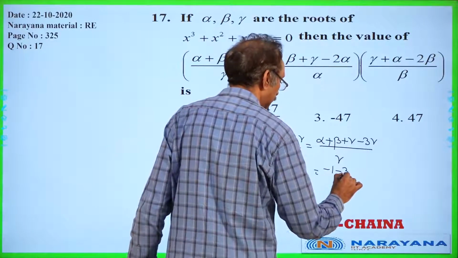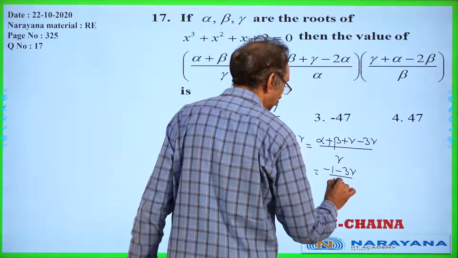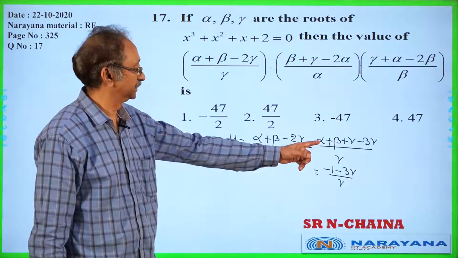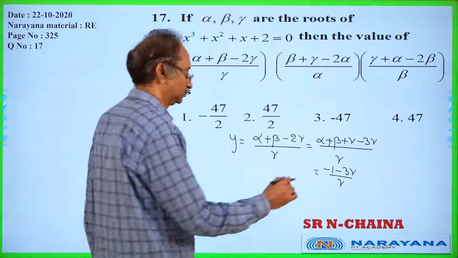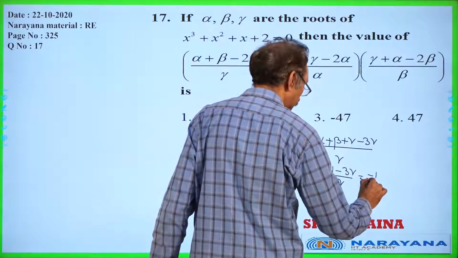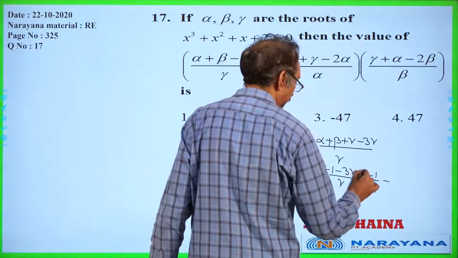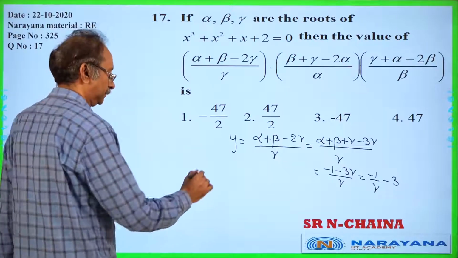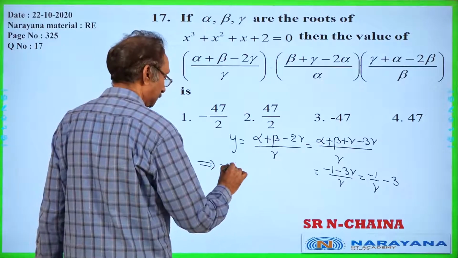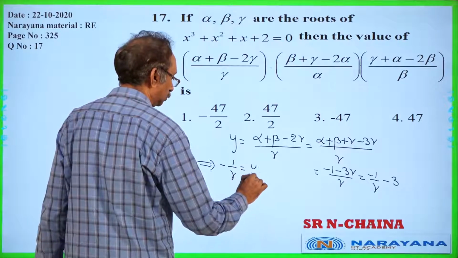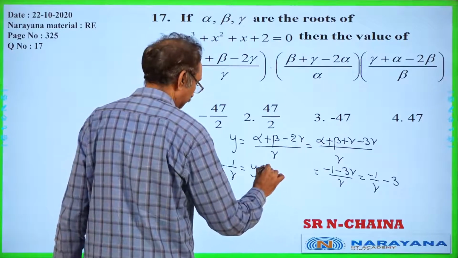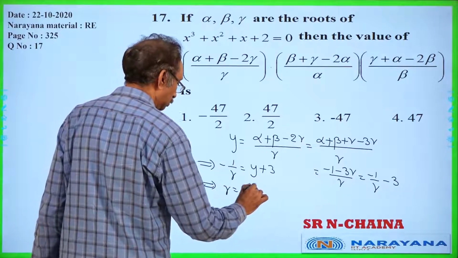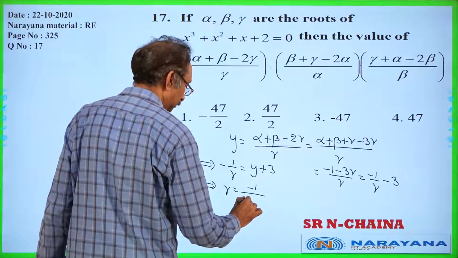So minus 1 minus 3 gamma by gamma. So that is equal to minus 1 by gamma minus 3. Gamma is cancelled there. So that implies minus 1 by gamma is equal to y plus 3. That implies gamma is equal to minus 1 by y plus 3.